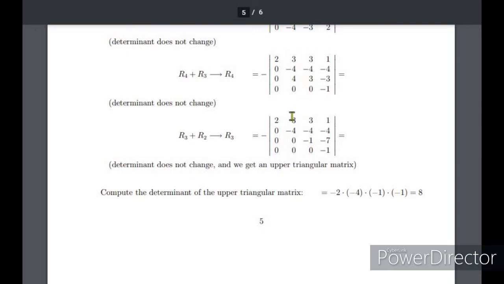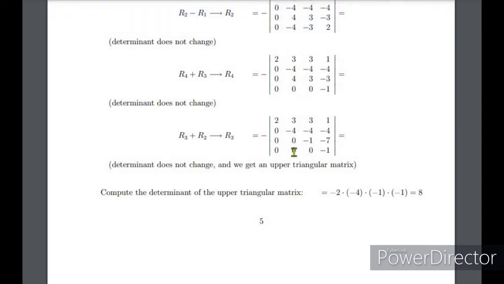Next, 4 plus negative 4 is 0, so the second element in row 3 is 0. Next, negative 4 plus positive 3 is equal to negative 1. That's why it is negative 1 here. Next, negative 4 plus negative 3 is equal to negative 7. That's why it is negative 7 here. Again, the determinant does not change because it is according to the properties of determinants.